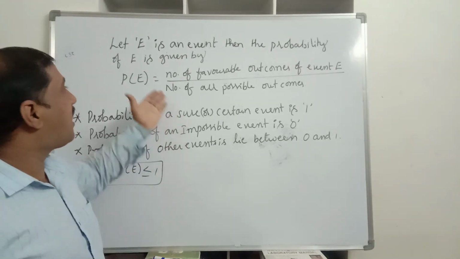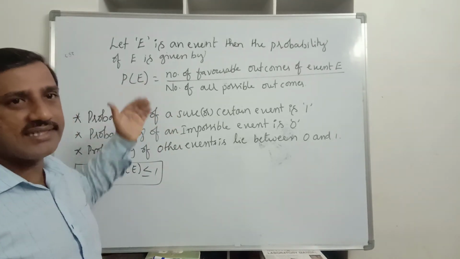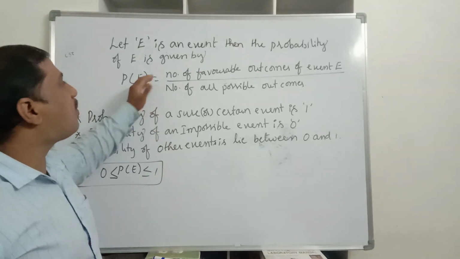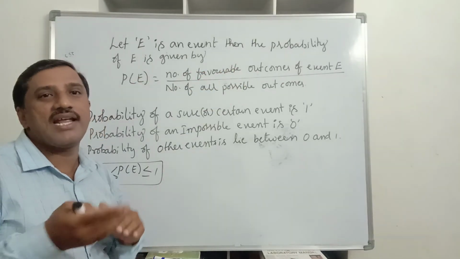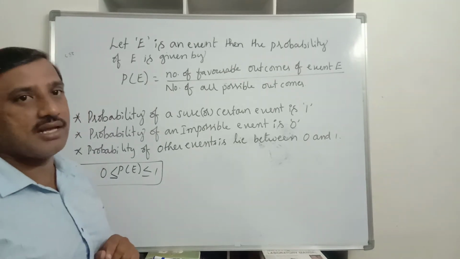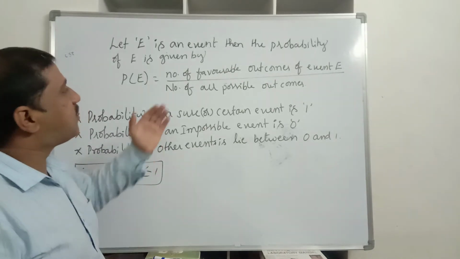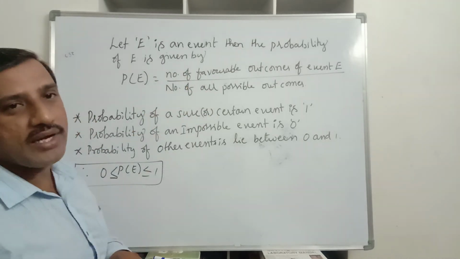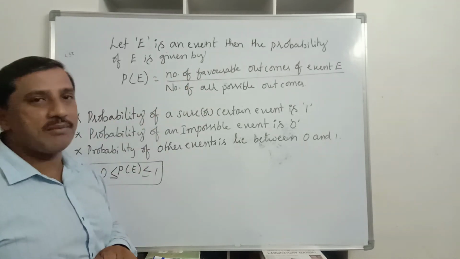Let event E be getting a head. How many favorable outcomes are there for getting a head when we toss a coin once? Only 1. So favorable outcomes are 1 and possible outcomes are 2. Therefore its probability is 1 by 2.